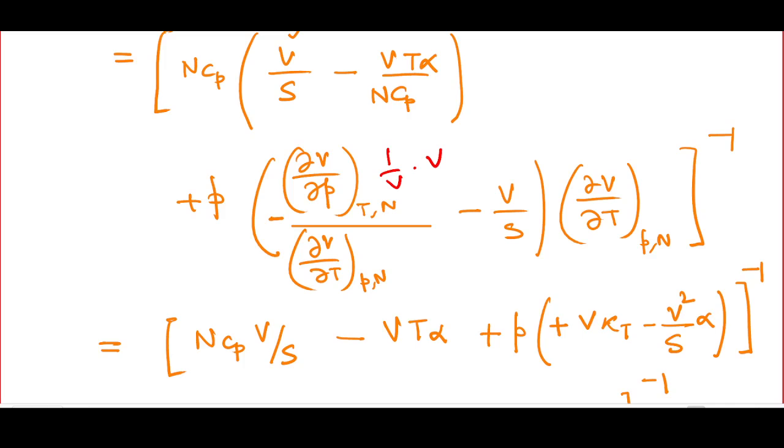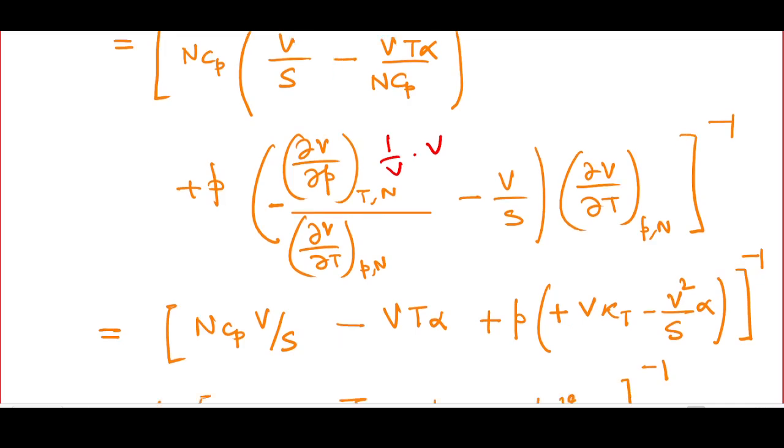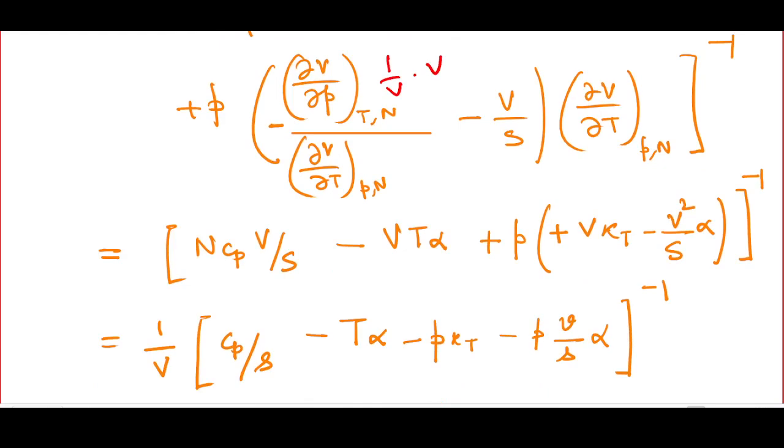Let me just simplify this slightly by bringing the capital V, which is there in every term, out and expressing whatever is in there in terms of molar quantities. So once I take the 1 over V out, remember the V comes out, but this is already in the denominator.